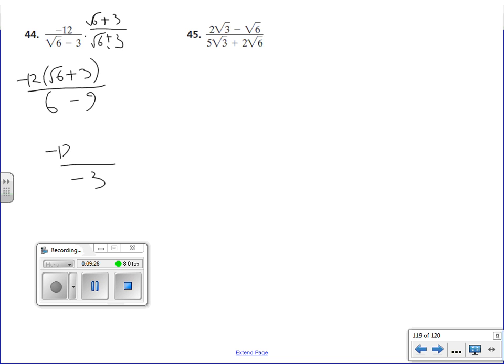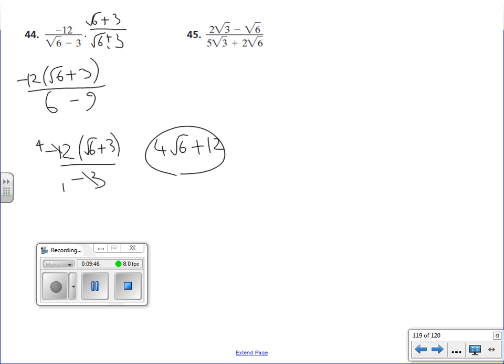Rewrite it again, and I'm going to be able to cancel the 12 and negative 3. This cancels to 4 and 1. 4 times root 6 plus 4 times 3 is 12.